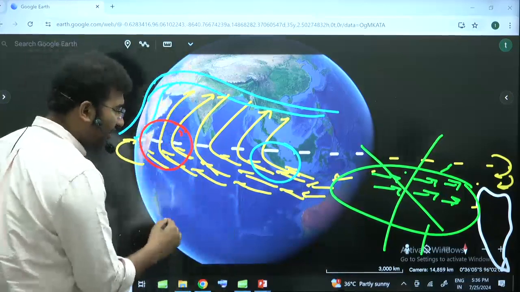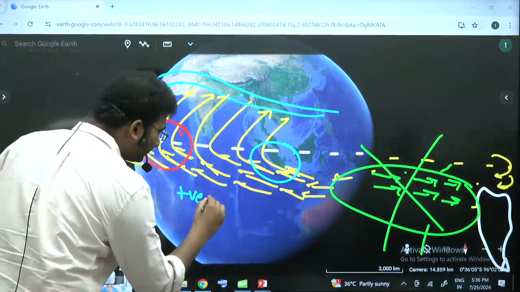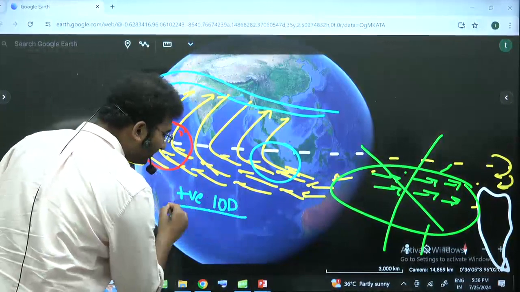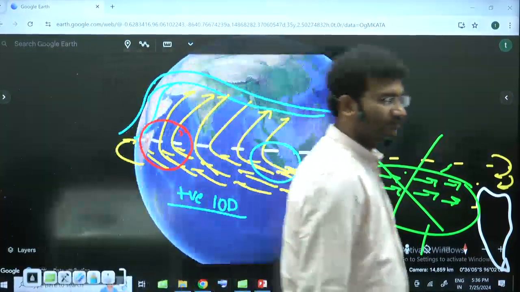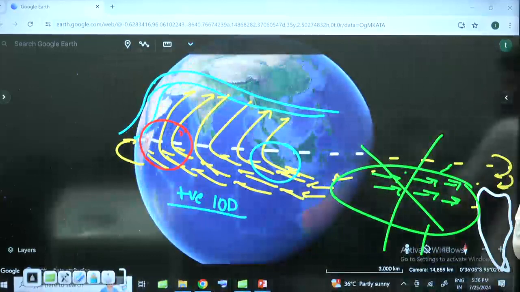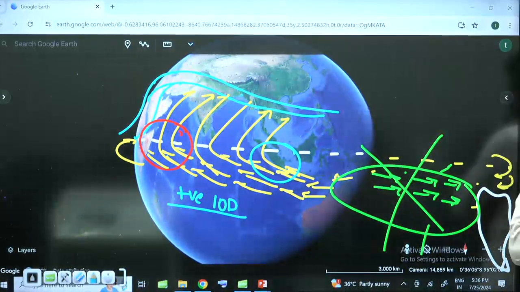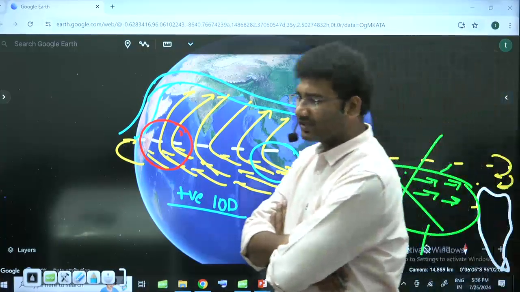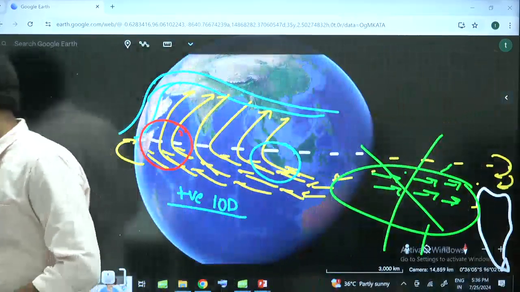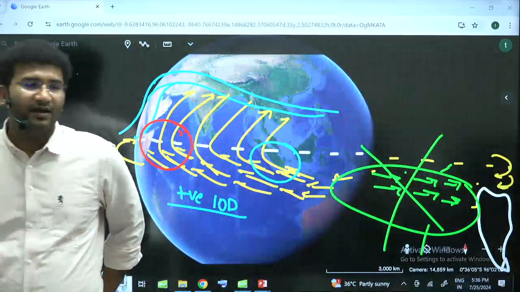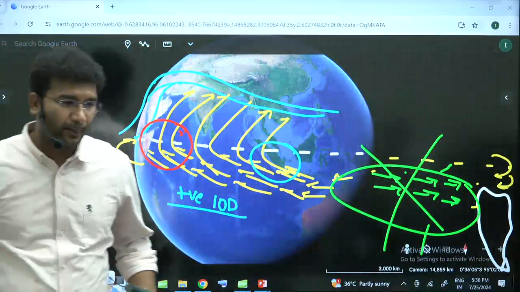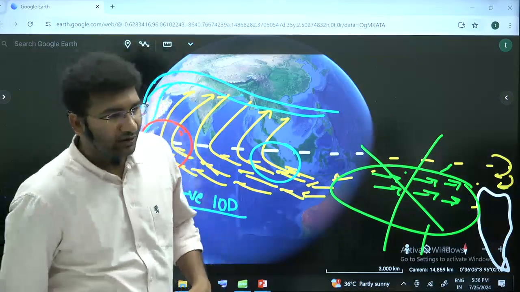So if this is the condition, this is called positive IOD. Indian Ocean dipole. Okay? If the equatorial Indian Ocean is warmer on the western side and the equatorial Indian Ocean on the eastern side is colder, we will call this Indian Ocean dipole positive. Okay? IOD positive.